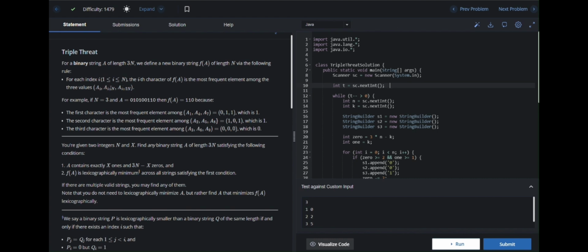Let's say this is 0, this is 1, this is 1, so the most frequent element will be 1 over here. So we will append 1 in our fa answer. Like this we have to take the entire string. Okay, so now let's discuss the approach to solve this question.